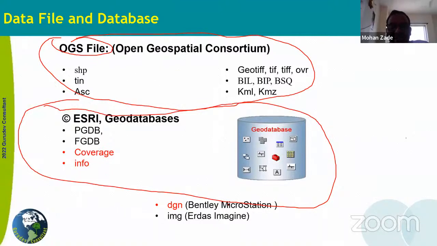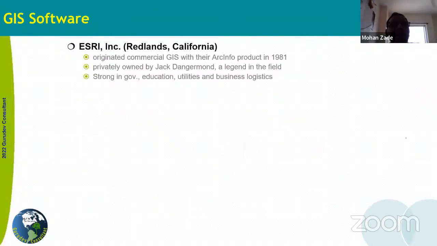And there are DGN, Bentley MicroStation, and ERDAS Imagine. These are some of them, but mostly we use shapefile, TIN, GeoTIFF, KML, and KMZ as open source formats, like Open Geospatial Consortium.